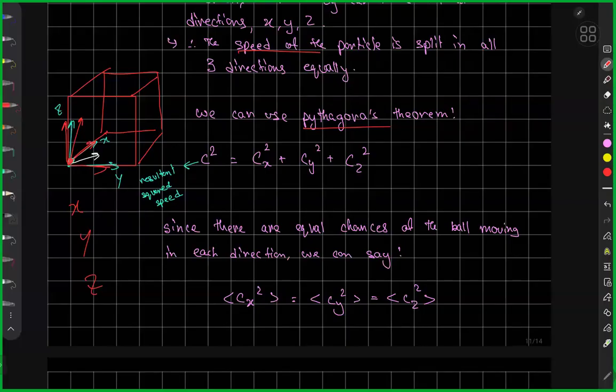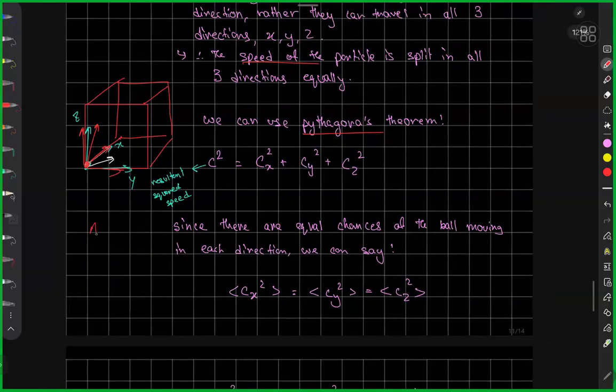And if that statement is a bit confusing to you, basically, let's say I have three particles, A, B, and C. If A has 2 meters per second of speed in the x direction, 3 in y, and 0 in z.